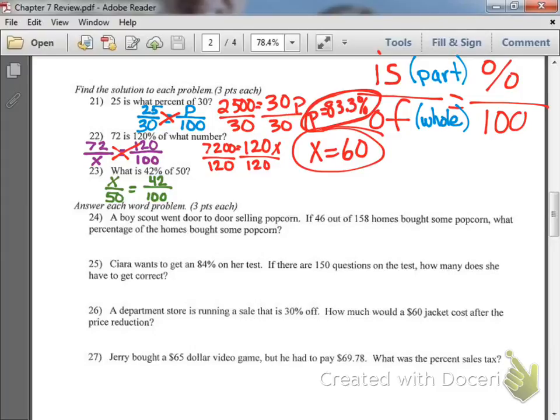Cross multiply here, we get 100x equals 50 times 42. I believe that's 2100. And then when you divide both sides by 100, you should just get 21. Questions?